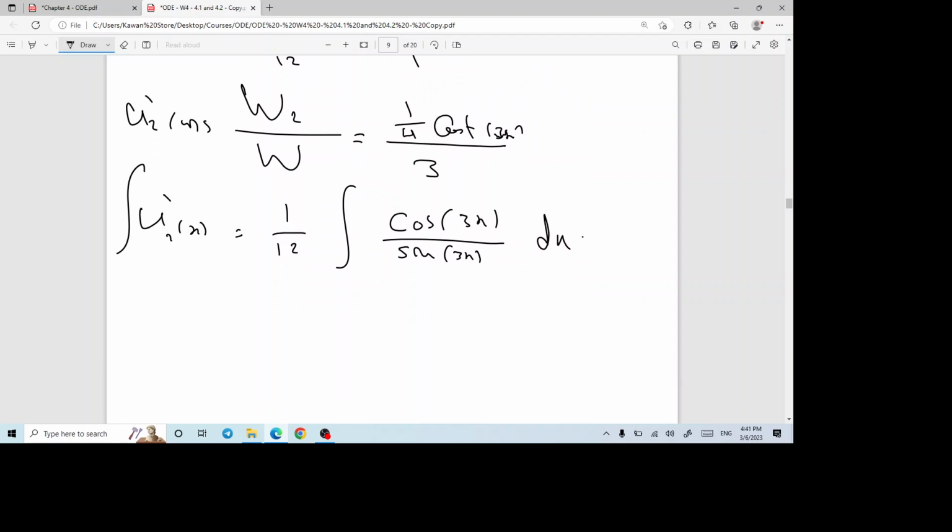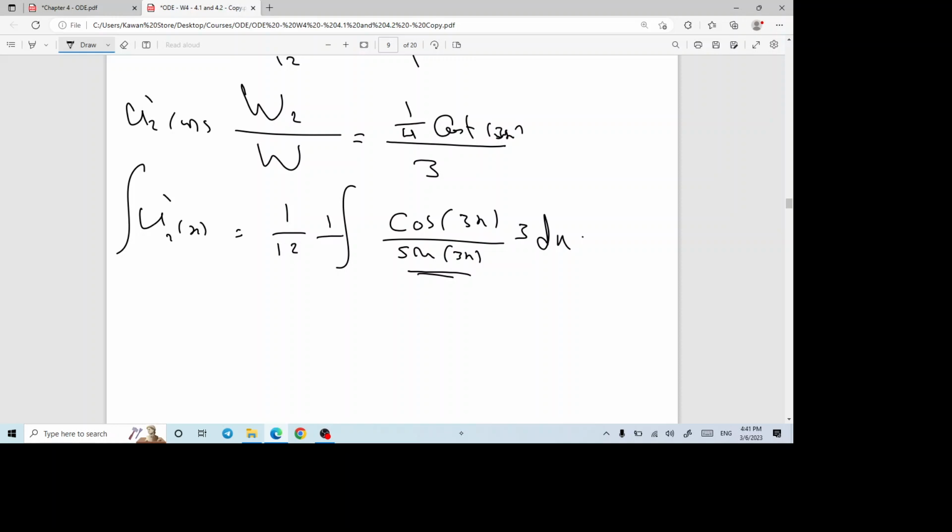Have you solved that integral? The integral of cosine over sine. Derivative of sine 3x is equal to 3 cosine 3x.